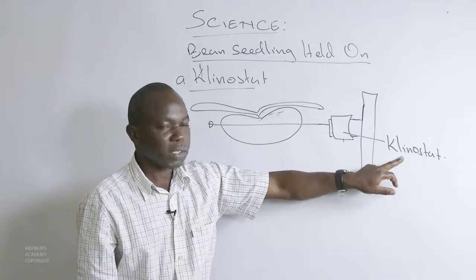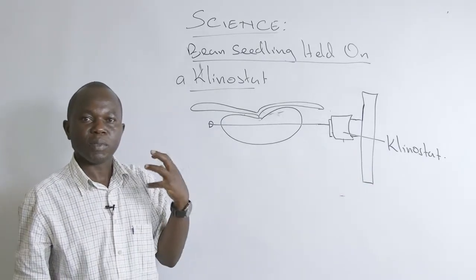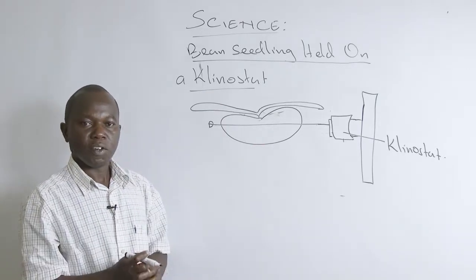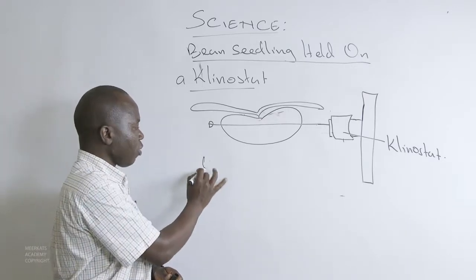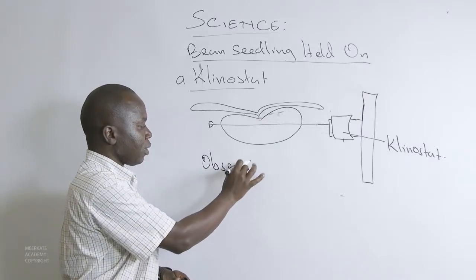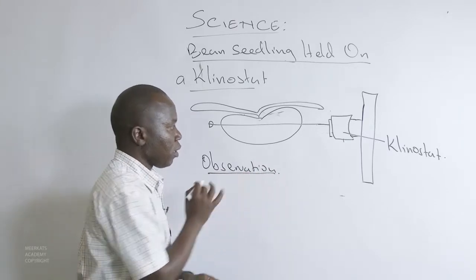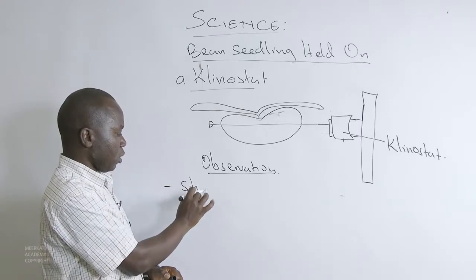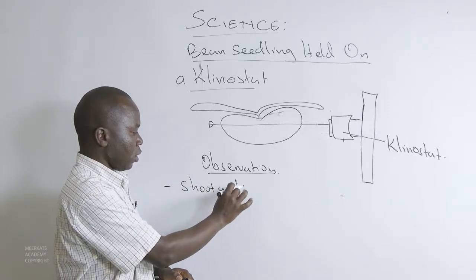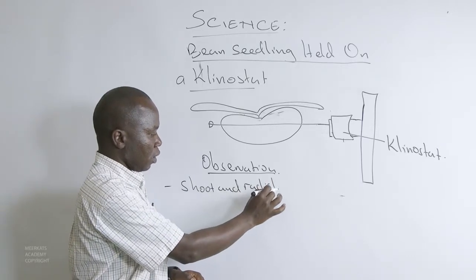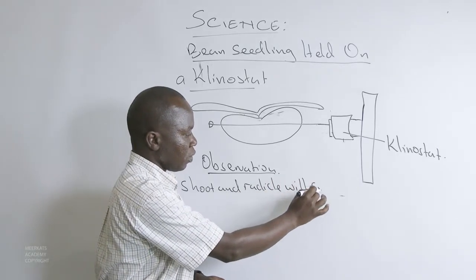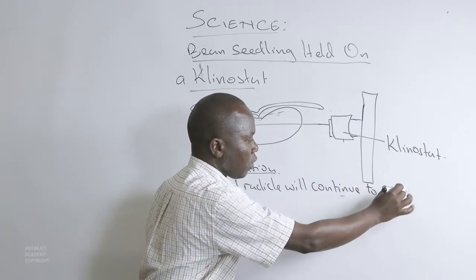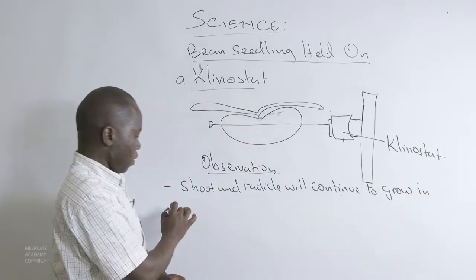So when the clinostat rotates, the observations are not going to be the same as the one that we have previously observed. Here, there is one major observation for both the shoot and the radical: they will continue to grow in horizontal position.